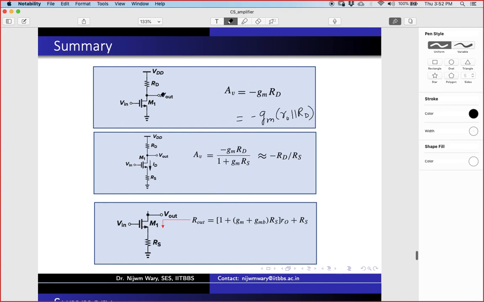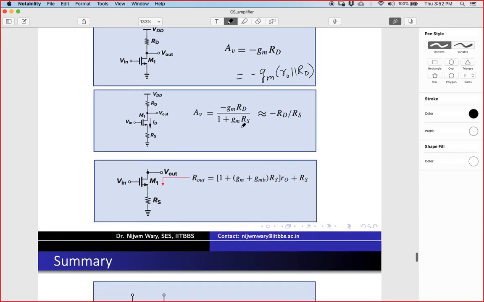And as we have seen, if GM RD is much larger than 1, it is approximately equal to minus RD by RS, and the output impedance looking into this kind of configuration is 1 plus GM plus GMB RO RS. So this RO into RS product is coming, and this is important.